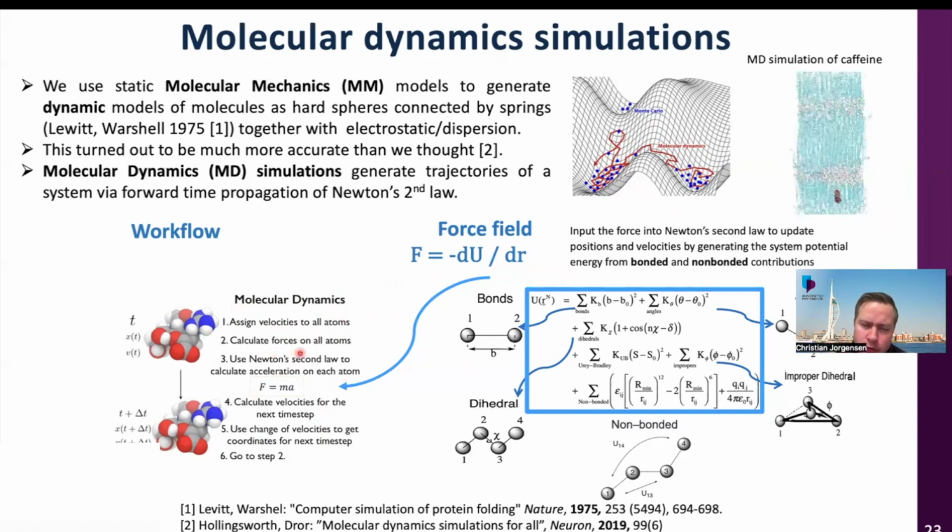Then you calculate the forces on all the atoms. That's called generating the force field. Now, because the force field and the forces are related, you know the force. And because you know the force, you can use Newton's second law to dictate the dynamics. Newton's second law says that the force on an atom is the mass times its acceleration.